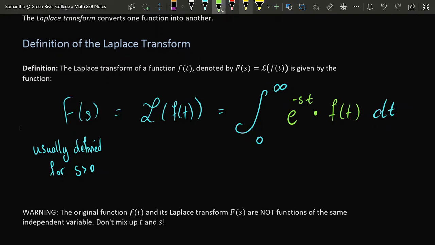Now, the reason that capital F of s has a different input variable comes from the fact that we are doing a definite integral with respect to t. When you integrate something with respect to t, and your integral has limits, then by the time your calculations are done, all the t's should be gone from the result. And so the t's will all vanish, and only this unknown s will be left in the final result.